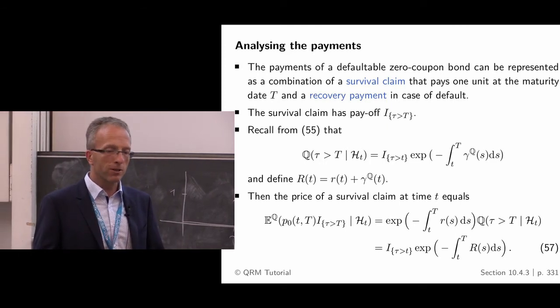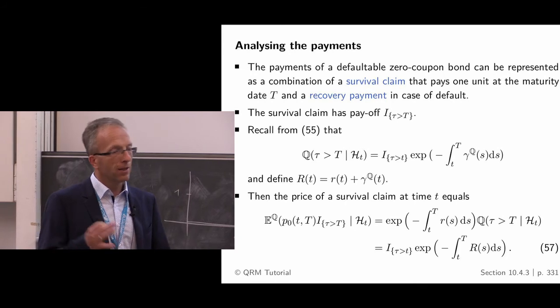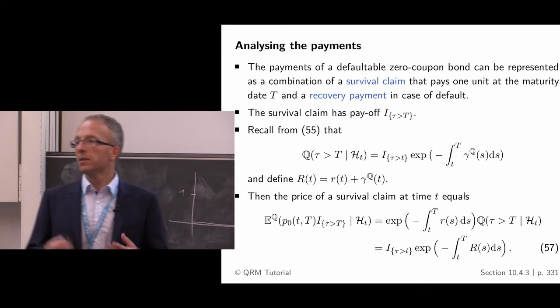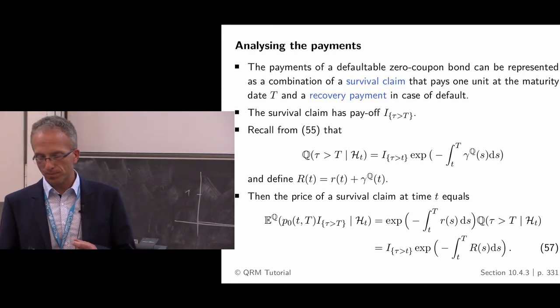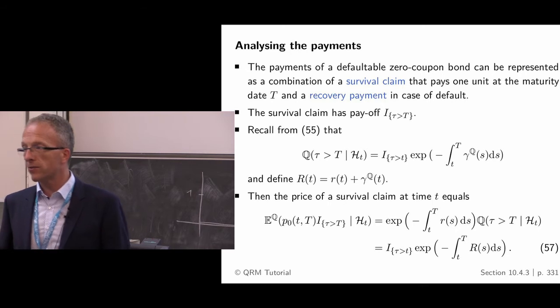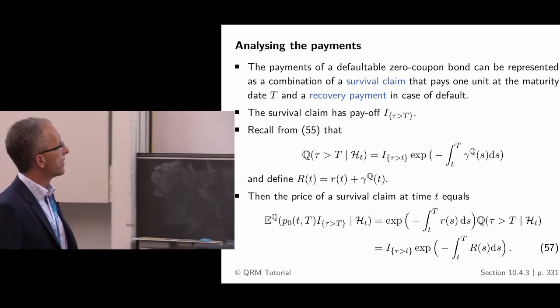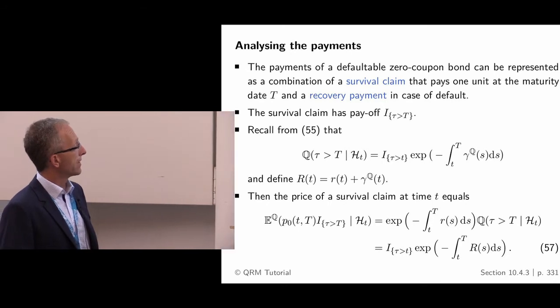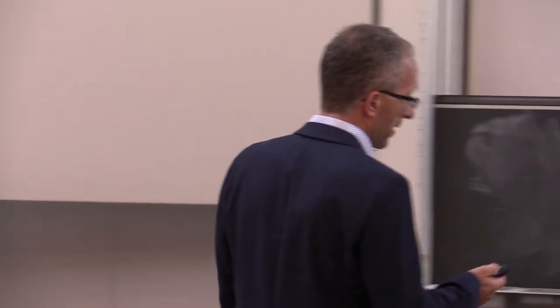Of course, a defaultable zero coupon bond should be worth less because you cannot be sure that you get your money back. And this is modeled by discounting with a higher interest rate. And this higher interest rate is just the sum of the default-free interest rate and the hazard rate. So that's what we get here.